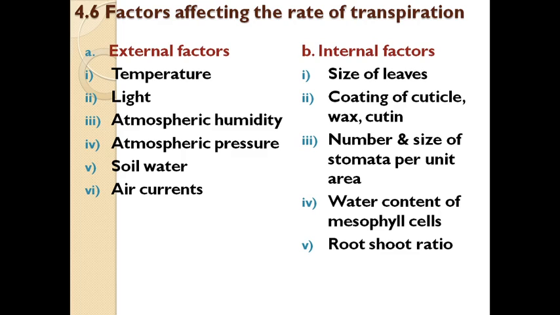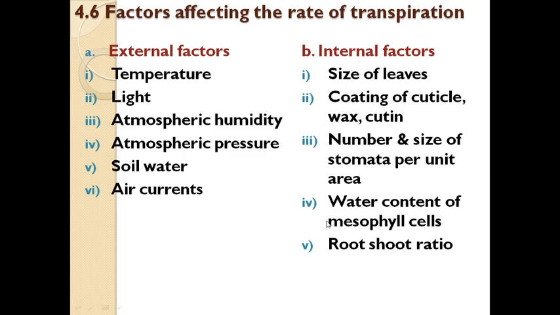Hence, when we compare, in a sorghum plant the rate of transpiration is more as compared to the maize plant or corn plant. The sorghum root system provides more water to its shoots than the corn plant, and thus the rate of transpiration is directly proportional to the root shoot ratio of that plant.